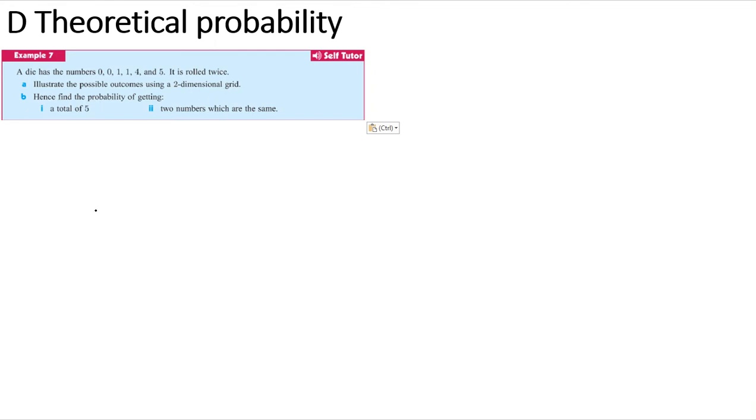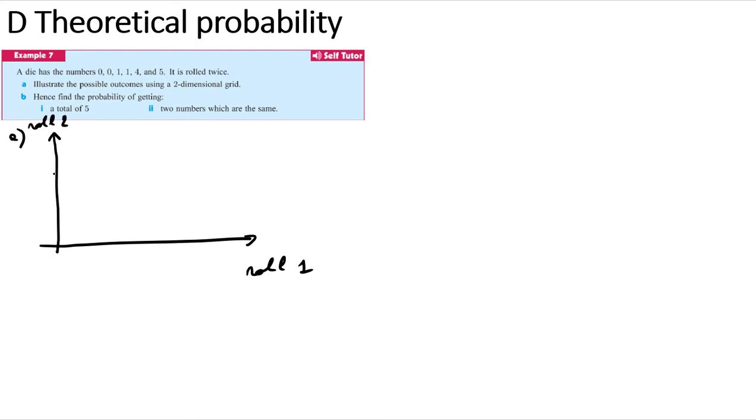Okay, so we have two axes, the vertical one and the horizontal one. The horizontal one is for roll 1, the first time you rolled, and the vertical one is for the second time you rolled.